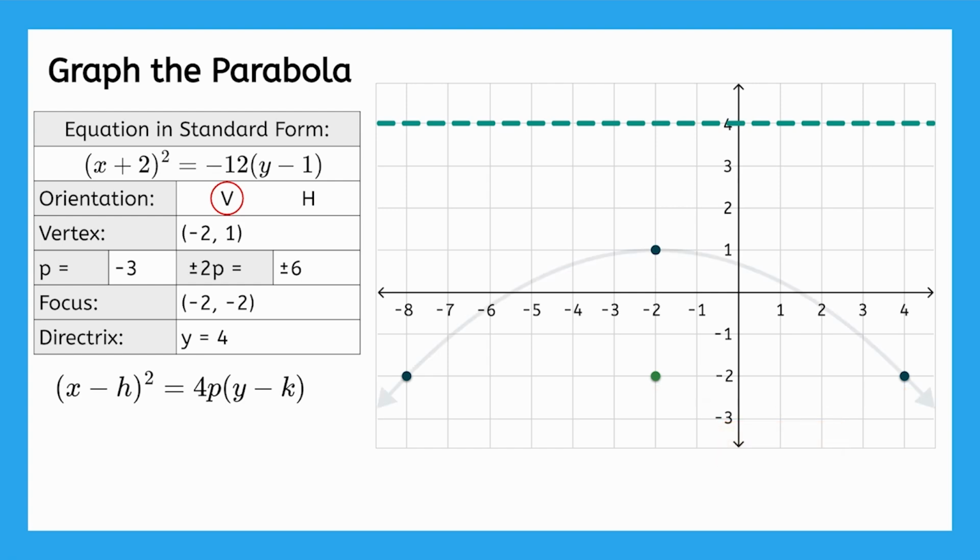Connect these 3 points with a smooth curve, and there it is. The parabola with the equation (x + 2)² = -12(y - 1) has a vertex at (-2, 1), and a focus at (-2, -2), and opens downward. Great work!